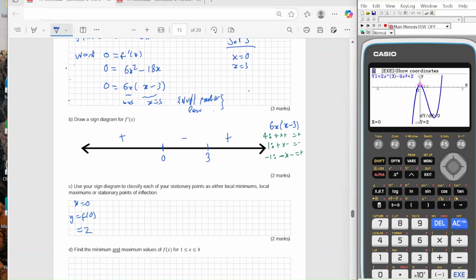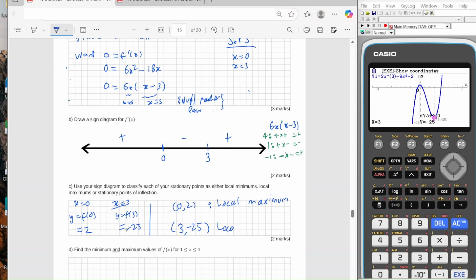And you can get that just by tracing 0. And when x is 3, y is f of 3, which is, again, you just trace it 3, minus 25. So therefore, we have 0, 2, and 3 with minus 25. 0, 2 is a local maximum.